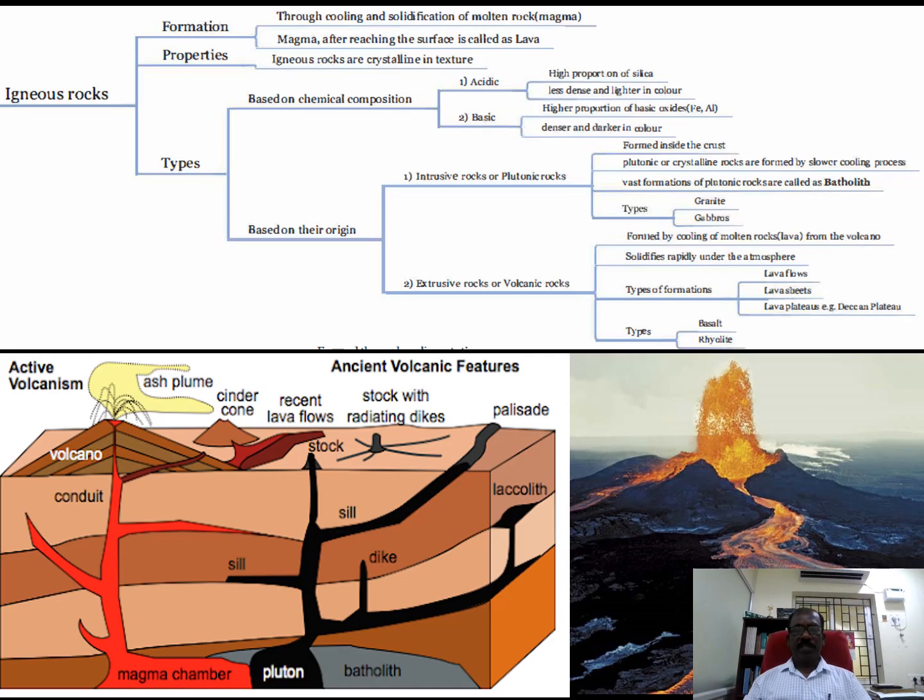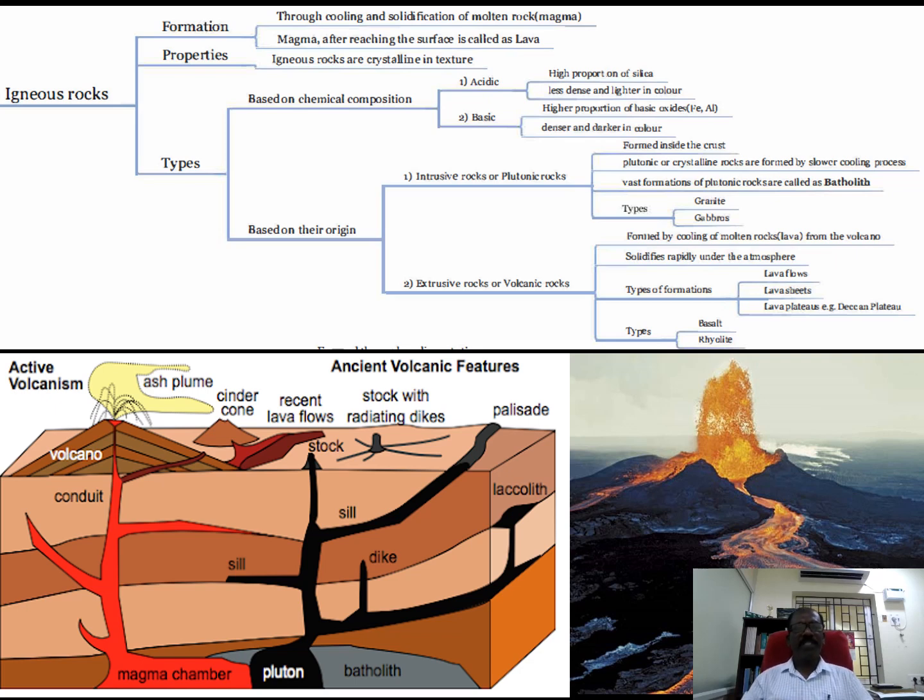First, igneous rocks. The igneous rocks are formed through the cooling and solidification of molten materials. These rocks are formed in the interior of the earth, when magma cools and solidifies, and then it gets compacted and forms igneous rocks.